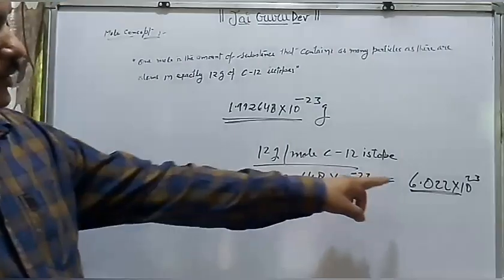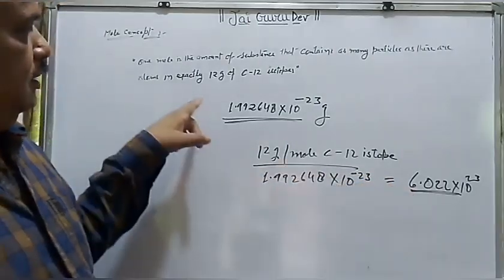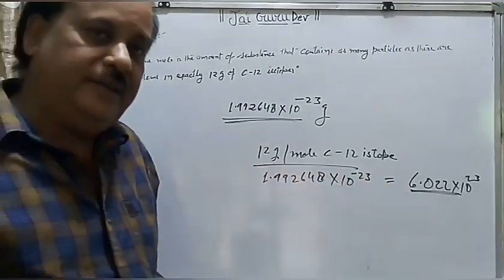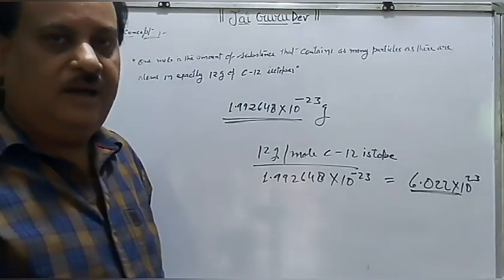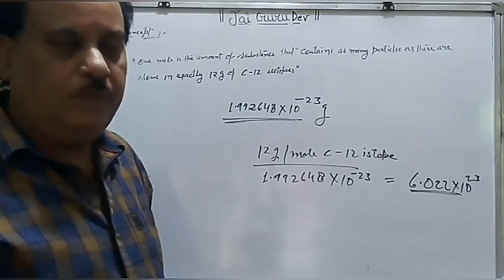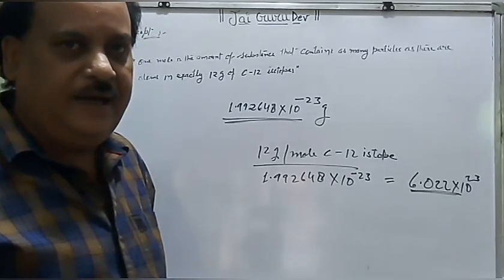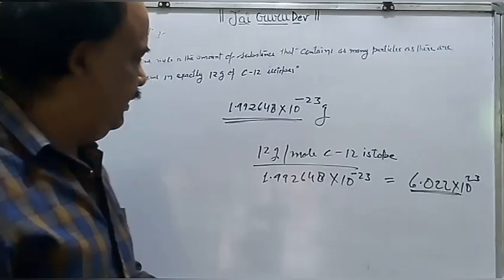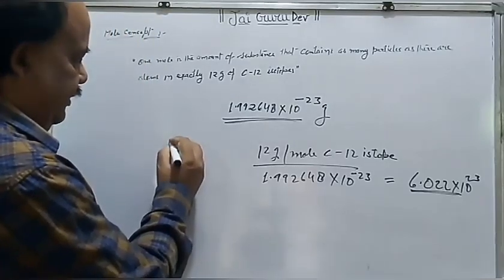This number is so important that it is given a separate name and symbol, that is Avogadro's constant, represented by Na.